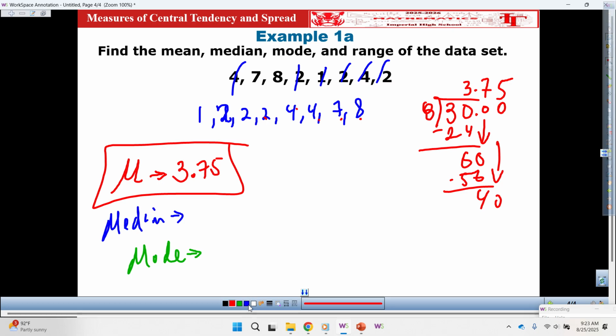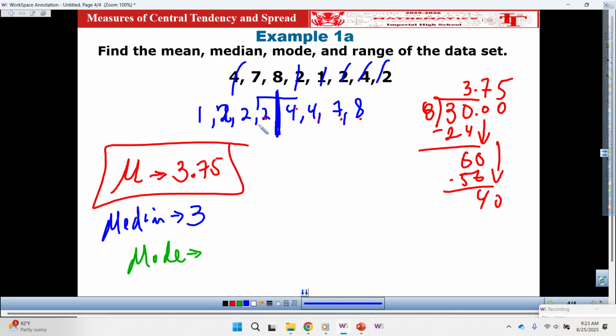Median. Tell your neighbor what you got for the median now that it's in ascending order. Jacob, pass them on. Brianna. Median. 3. Hands if you got 3.